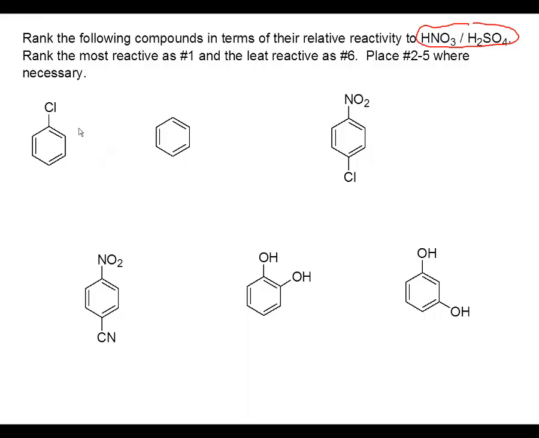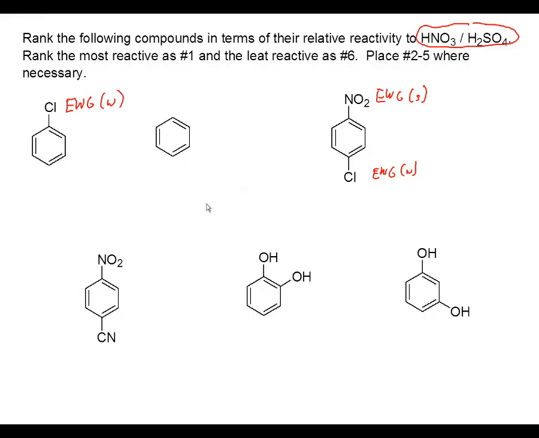We have a weakly electron withdrawing group, a strongly electron withdrawing group, and a weakly electron withdrawing group. So these two rings are deactivated.